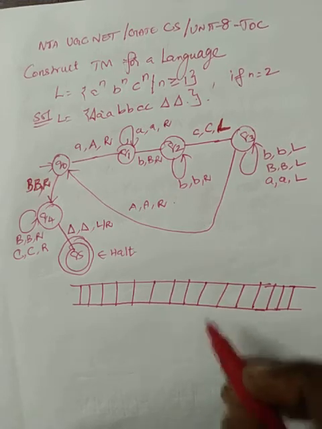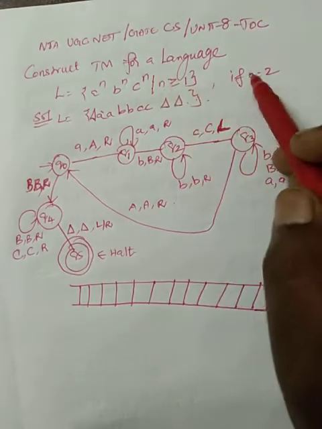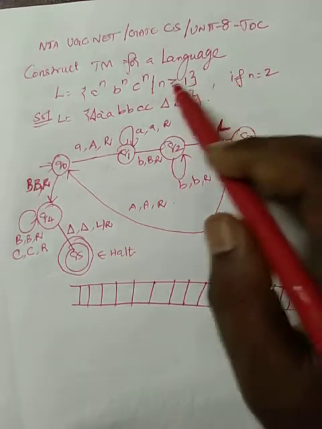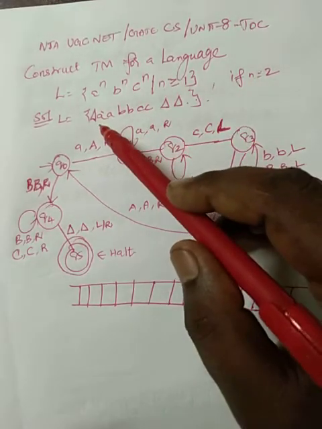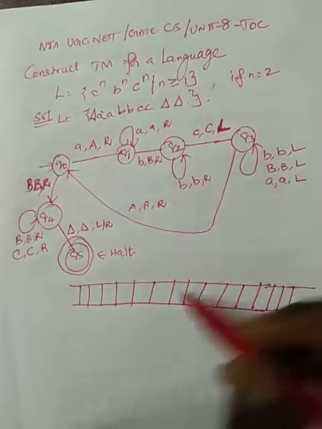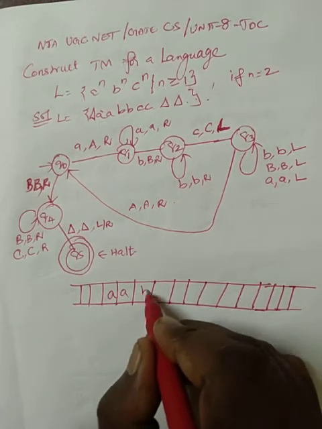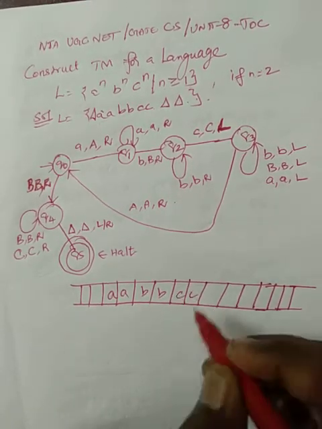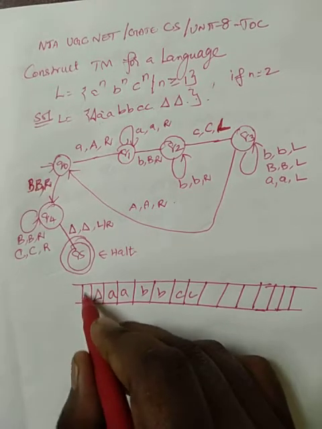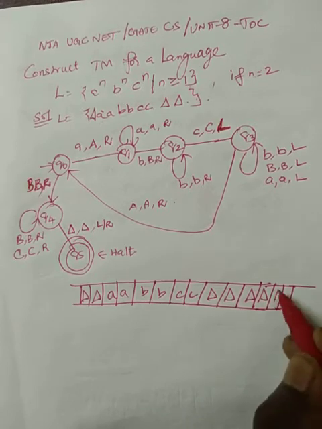If you substitute n as 2 here, we get 2a followed by 2b followed by 2c, and the remaining cells we fill with empty, blank symbols.